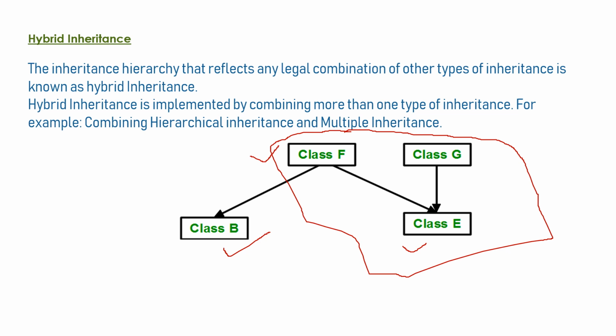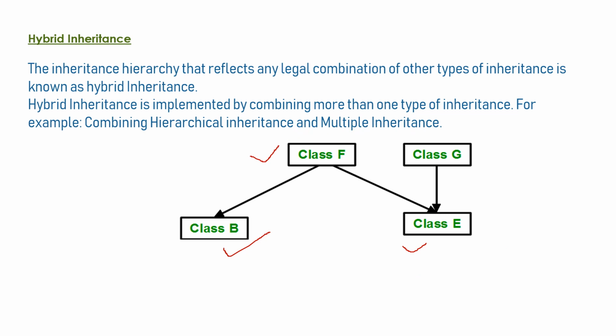So in this diagram we can understand that it is a combination of more than one inheritance. Okay, so when in a program we see a format where there is a combination of more than one inheritance, then it is hybrid inheritance.